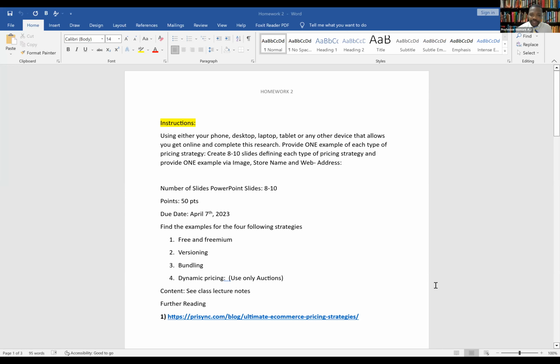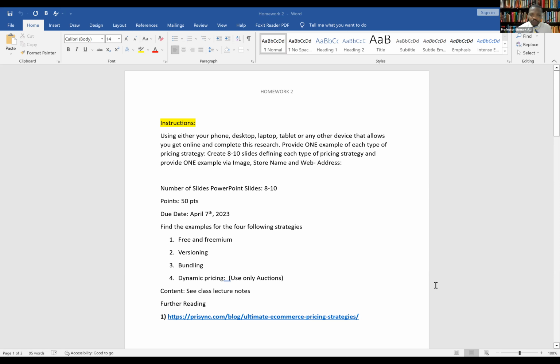So what we want to do is create, let's say, between 8 to 10 slides defining each price strategy and provide one example via an image, the store name, and then the web address of how you found that strategy. There are 4 strategies. Sometimes there's more than 4 pricing strategies, but these are the 4.